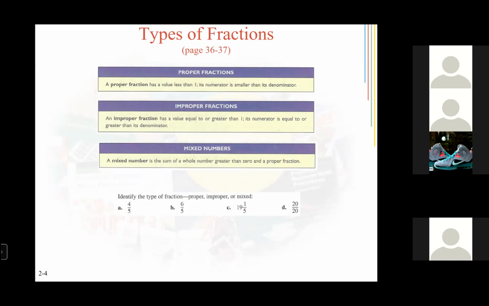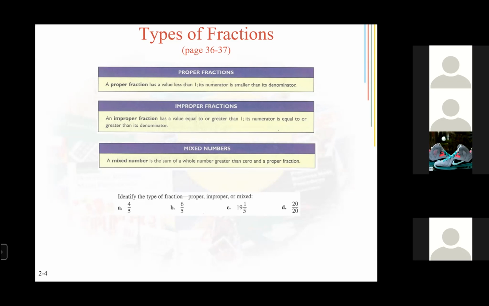B is an improper fraction. C is a mixed. And D is a proper. It's a whole number, because the numerator and denominator are the same, equal to 1.